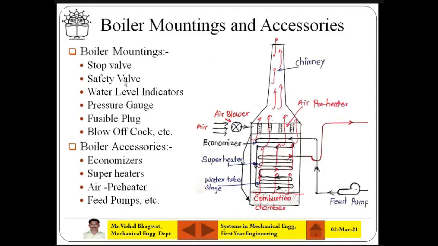It has a whistle, which is nothing but the dead weight safety valve. Why dead weight? Because it has a certain weight, and its pressure is designed based on that weight. As pressure rises above a certain level, only then is the whistle lifted.